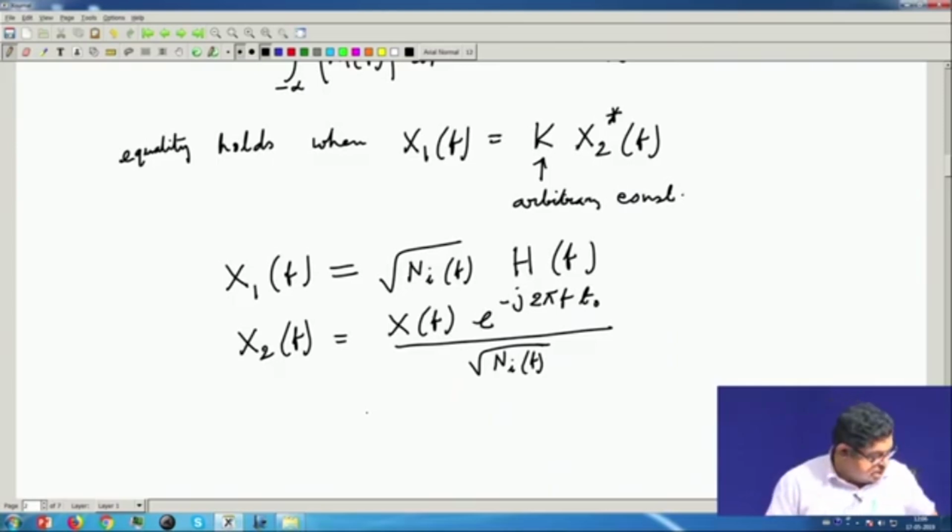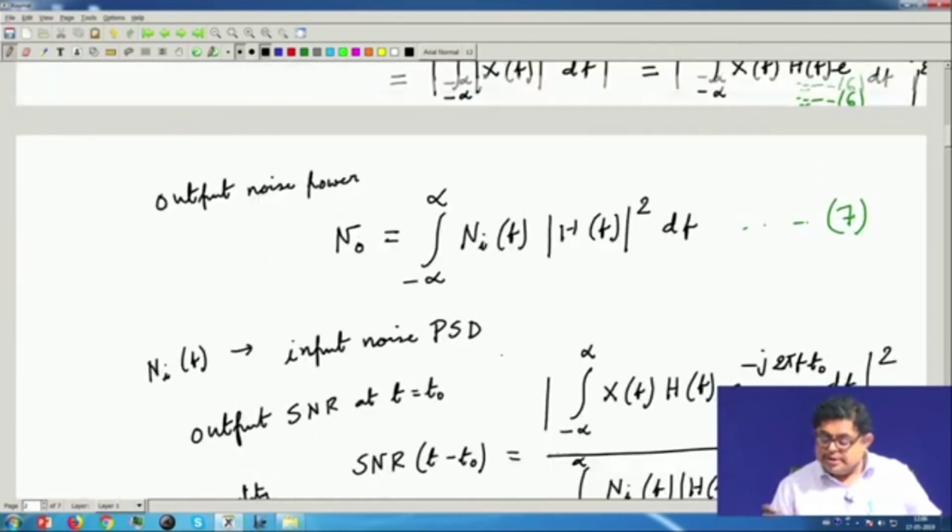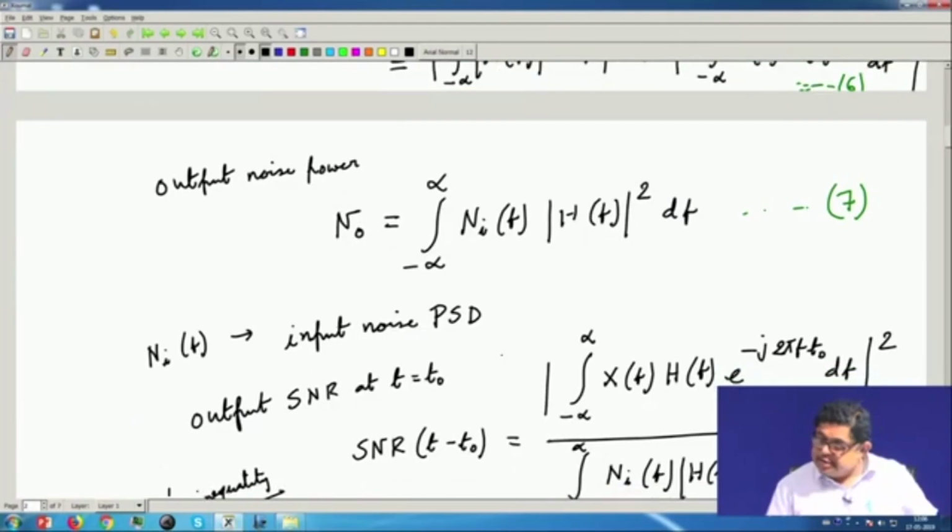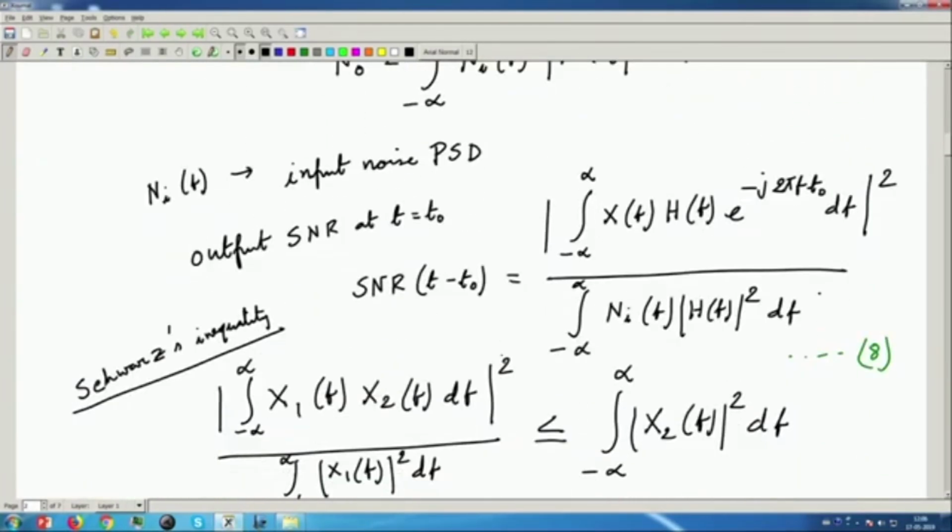If we look at equation 8, this expression is nothing but the LHS of the Schwarz inequality if we choose x1 and x2 in that manner.